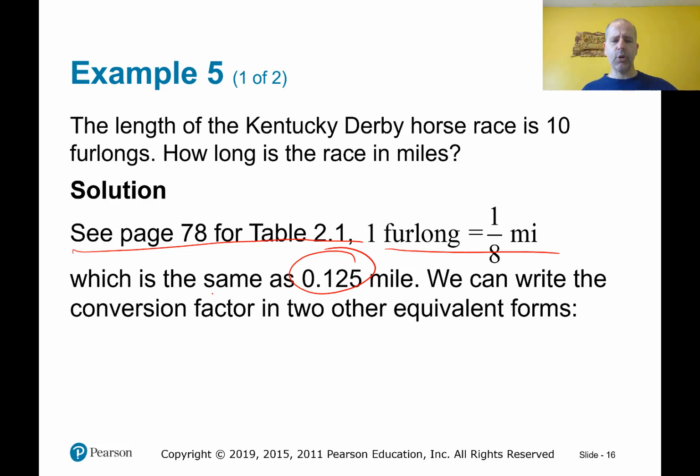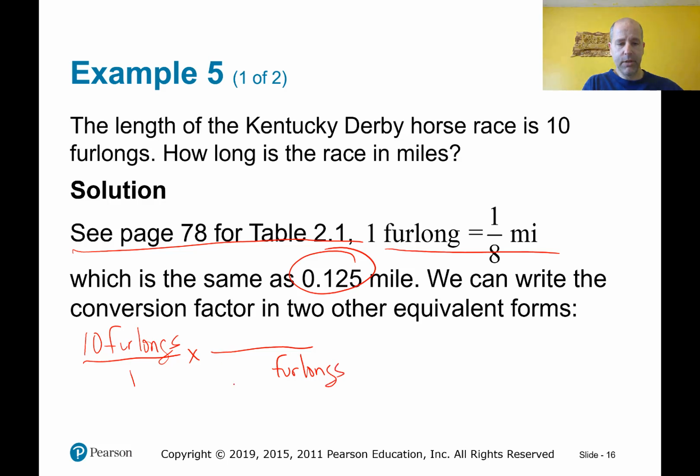Okay, and so we can use this to convert. How do we do that? Well, we start with 10 furlongs. We need furlongs on the bottom to cancel the furlongs on top.